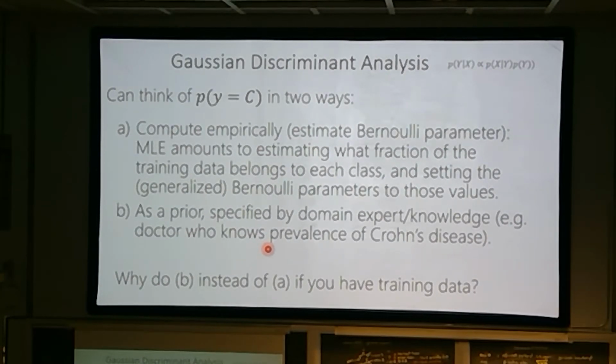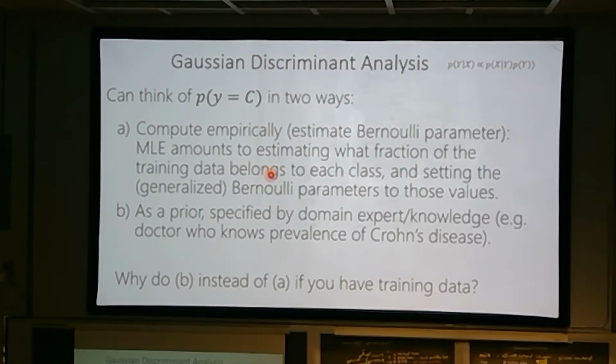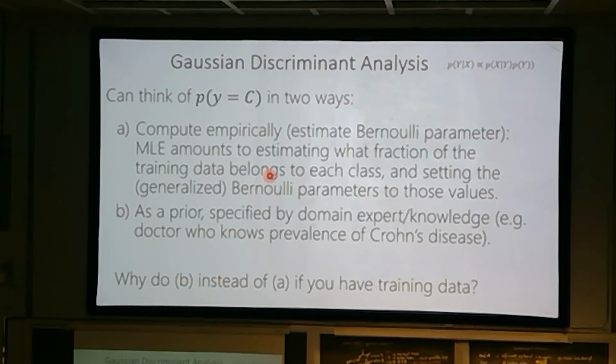Also, you're collecting things in the clinic and trying to get lots of people with the disease, so maybe you've totally enriched this 1 in a million disease and it's actually 50-50 in the data. If you just use the empirical distribution, you're not going to make predictions relevant to the true population, maybe only to a population where it is 50-50.